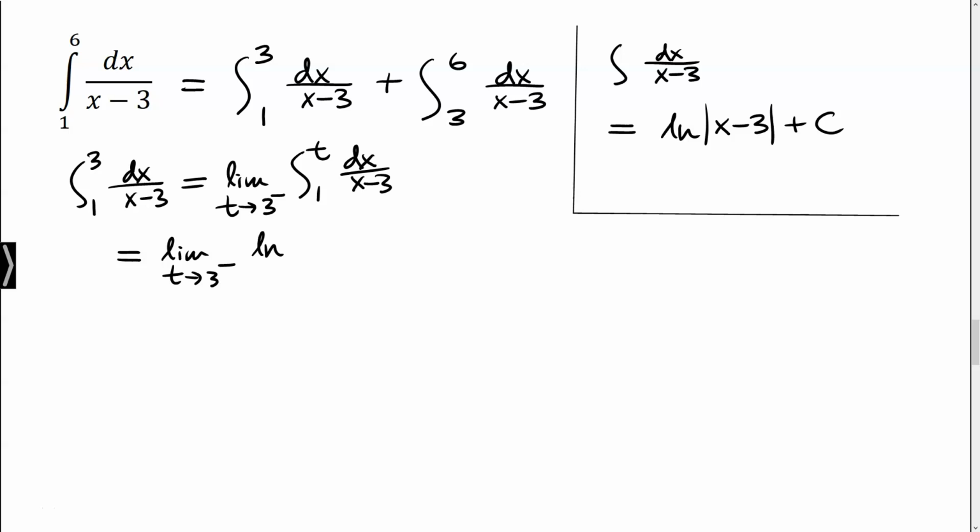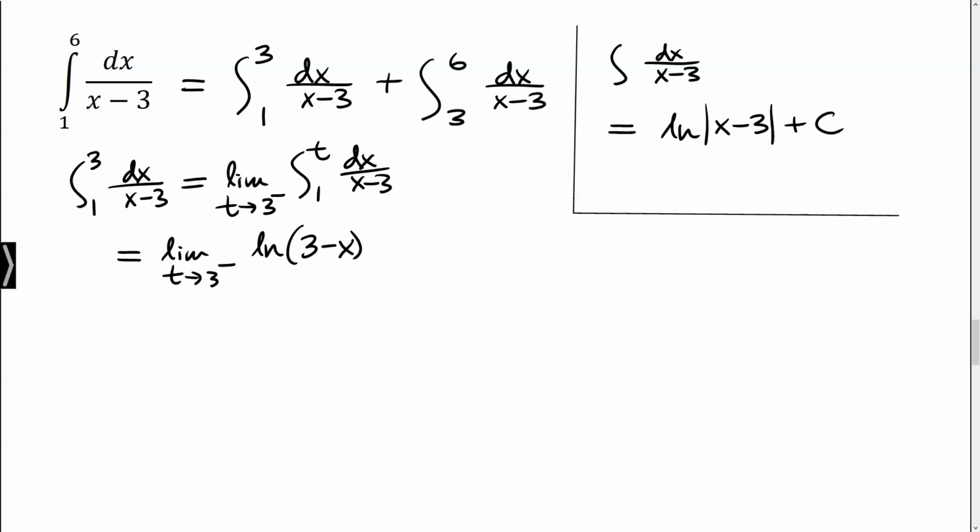Now, between 1 and 3, x minus 3 is negative, which means the absolute value of x minus 3 is going to be 3 minus x. Okay, so instead of writing it as ln of absolute value x minus 3, I'm going to write it as the ln of 3 minus x.